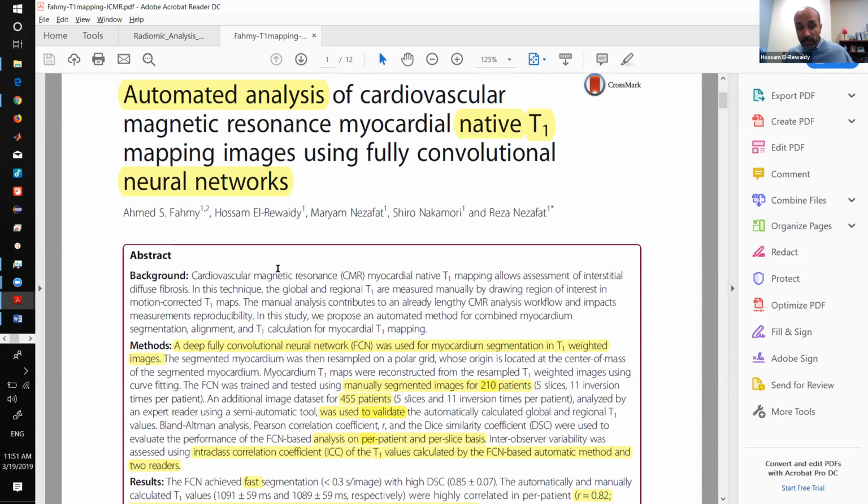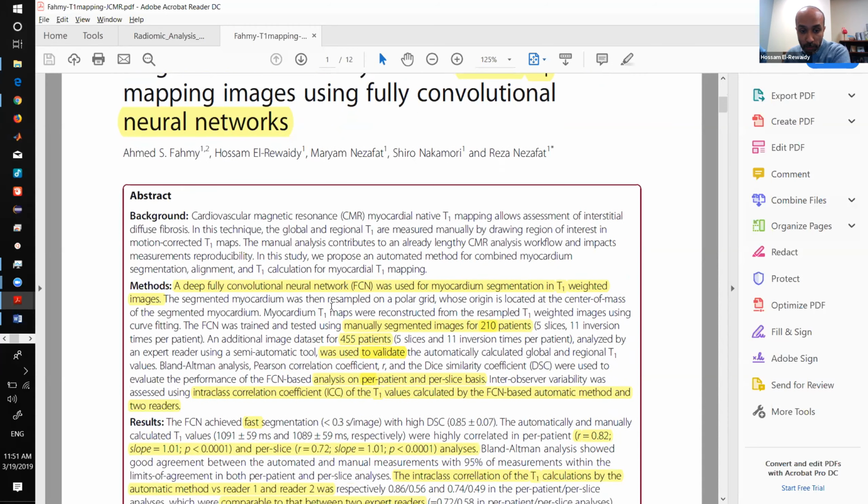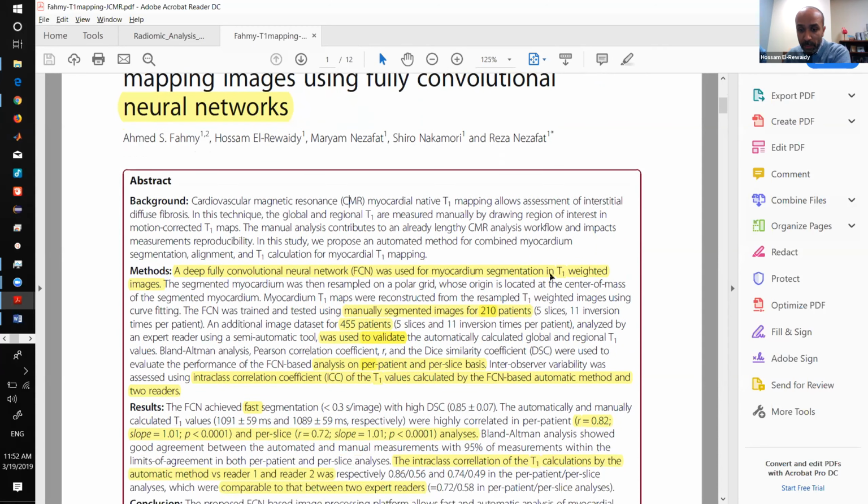It's basically segmentation of the myocardium, and then we added some functionality to allow reliable, fully automated mapping of the myocardial T1. So at the core of this work is a fully convolutional neural network to segment the myocardium in the T1 weighted images.